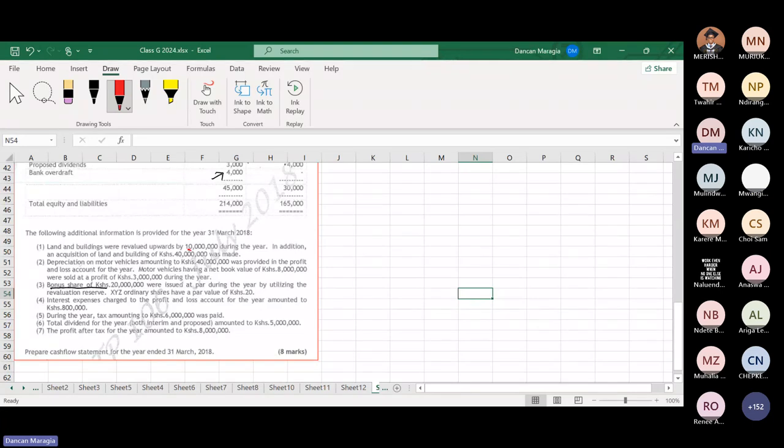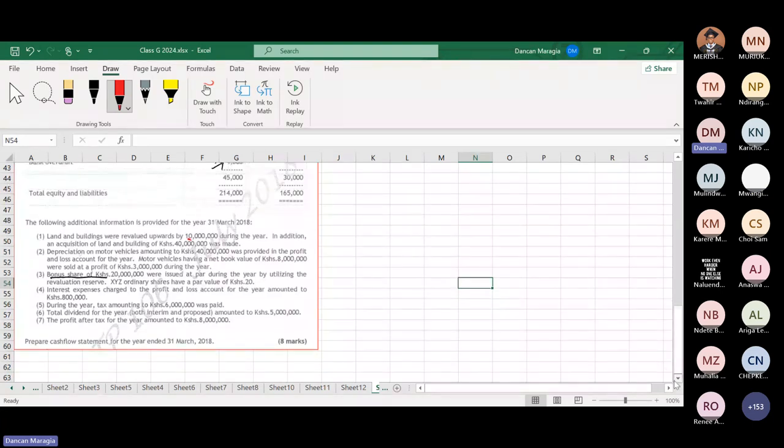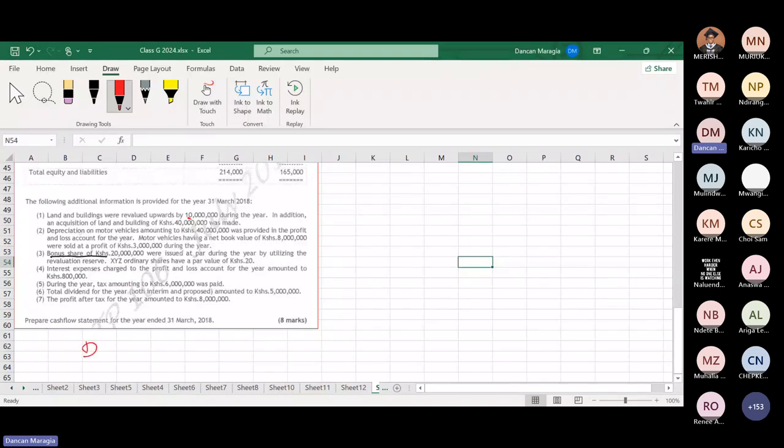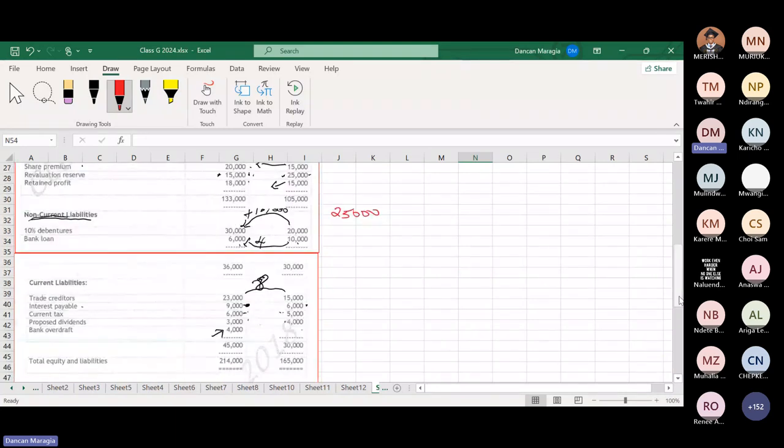Whenever we revalue an asset, we increase the asset by debiting the asset, and we credit the revaluation account. So if we started with 25, during the year we are adding 10 million to that account. It should have given us 35, correct? Yes, that's correct.